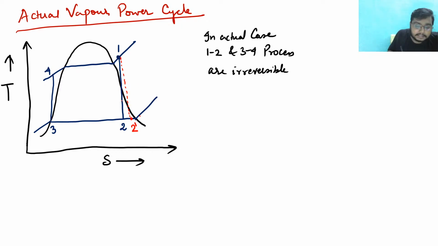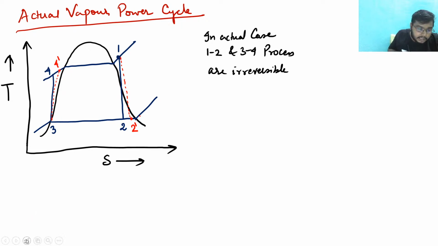Clear? Now the 3 to 4 process looks like this, so this is 4 dash.